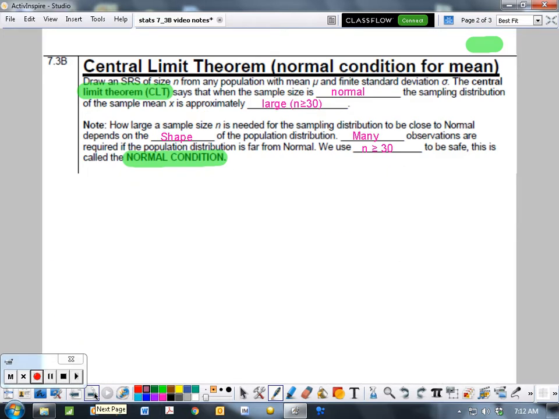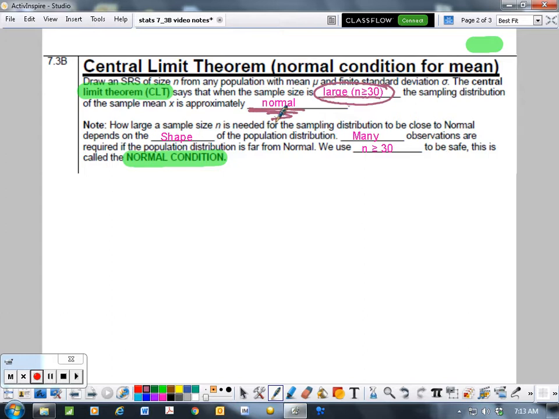That says that if we're doing a sampling distribution of size n from any population, then the central limit theorem says that when the sample size is large, and we're looking at large being greater than 30, so we want our sample size to be bigger than 30 if the population distribution is not already normal, then our sampling distribution will be normal.